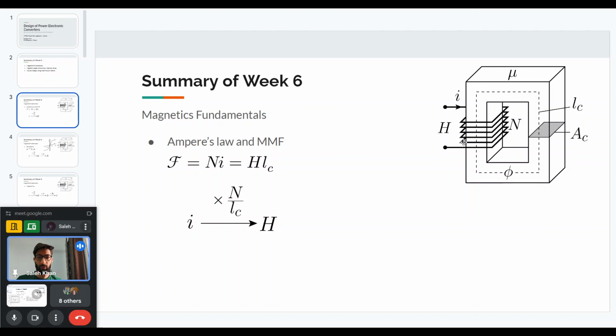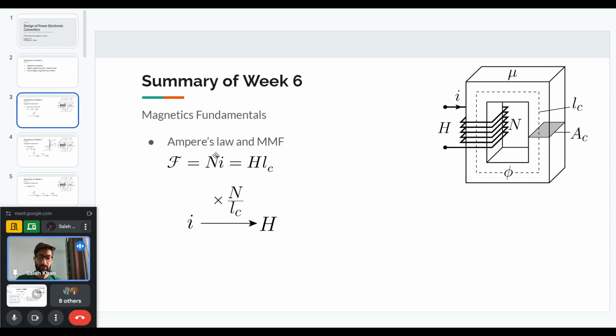If we talk about the magnetic field intensity, H, using Ampere's law, we can find out the magnetic field intensity inside this core over the magnetic path length lc.